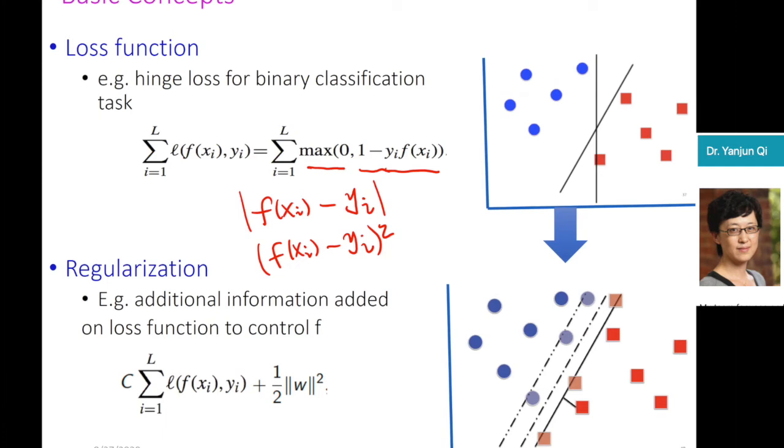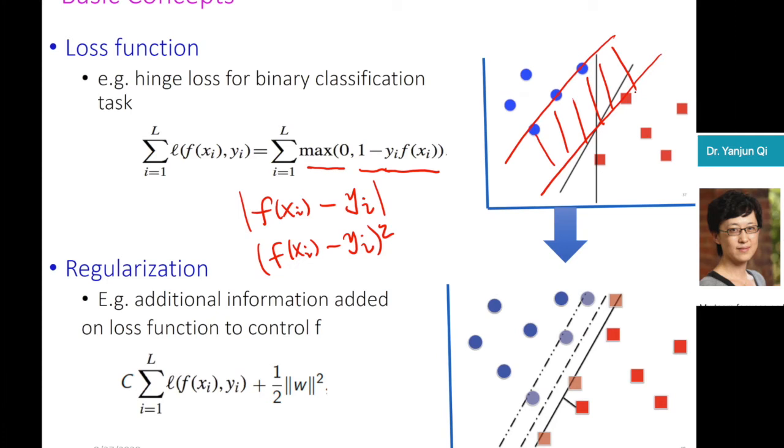Which is the best? This L2 regularization based idea tells me I'm not looking for a line anymore. I'm looking for a band, a region, to separate the blue and red.